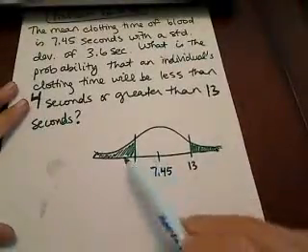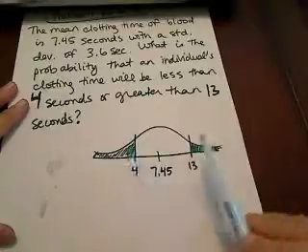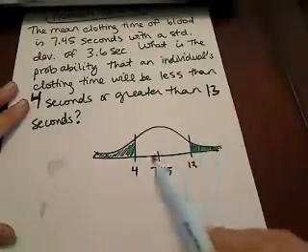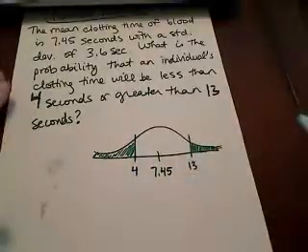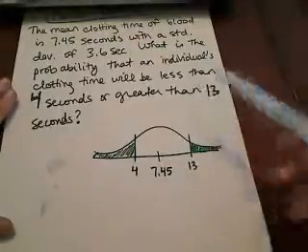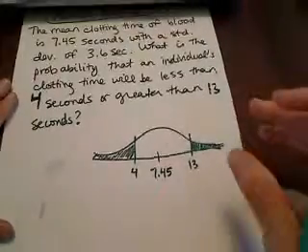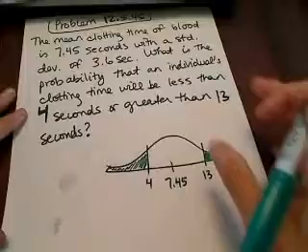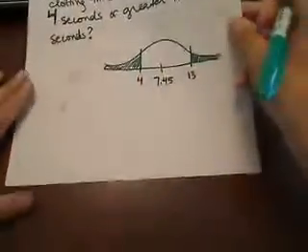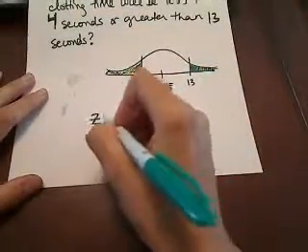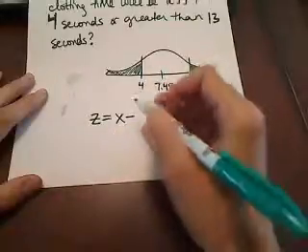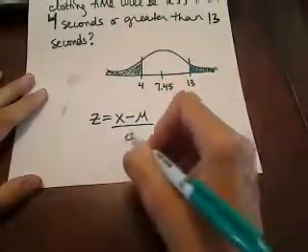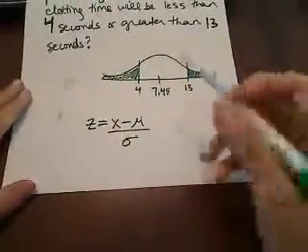So really what we need to do is find this area and then this area. We're going to find them separately, and then we're just going to add them together, and that's going to give us the answer that they're looking for. So we're going to be working with this formula. Z is equal to x minus mu over the standard deviation.